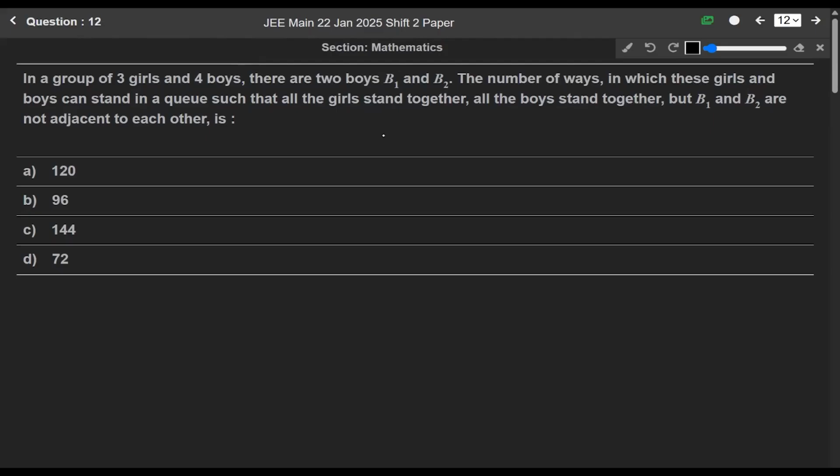Now the next question is 12. In a group of 3 girls and 4 boys, there are 2 boys B1 and B2. The number of ways in which these girls and boys can stand in a queue such that all the girls stand together and all the boys stand together, but B1 and B2 are not adjacent to each other is, okay. There are 3 girls and 4 boys.